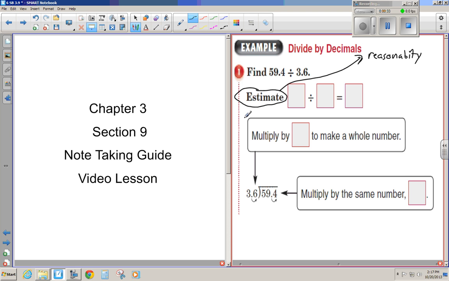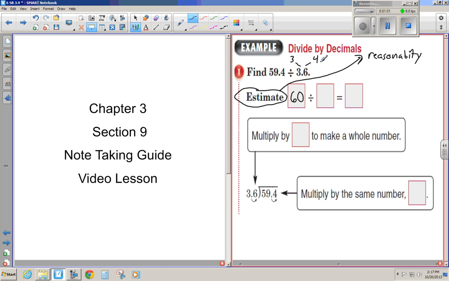All right, so estimate. We're going to estimate that this is 60, and there's a few things we could divide by. You can divide by 3, or you could divide by 4. Either way, 60 divided by 3 or 4 will work out. If you know exactly off the top of your head what 60 divided by 3 was, that's a good estimation.